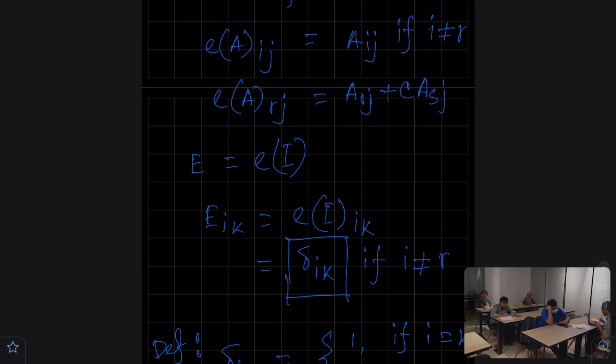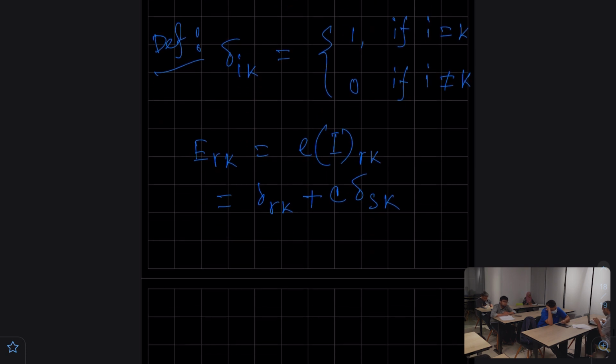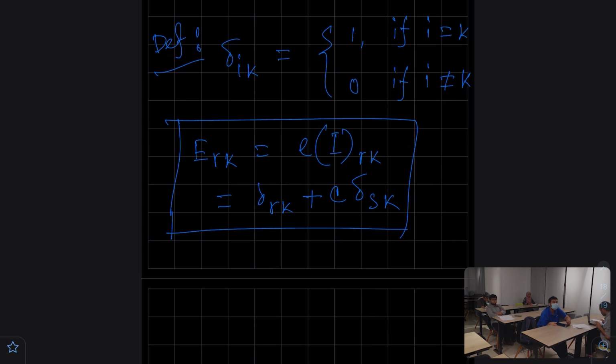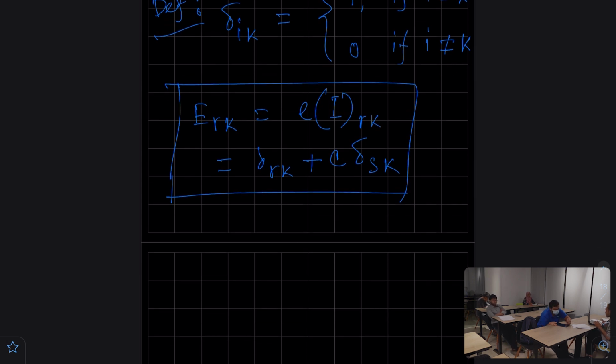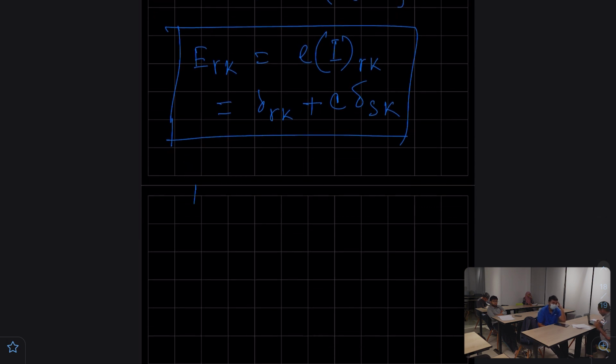This was the definition of the second type of ERO, and from that we can deduce this one. So Erk equals delta rk plus c times delta sk, right? Then what is (EA)ij?